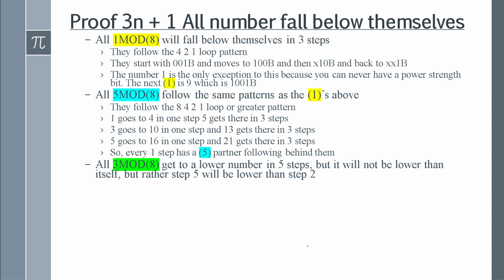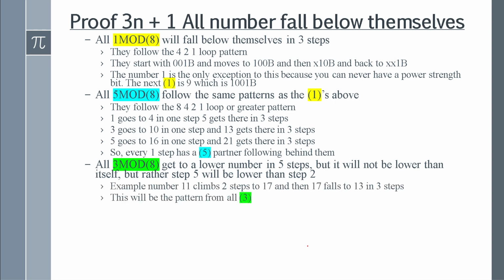So in 5 steps a 3 mod 8 will be at the same number. So 27 is a 3 mod 8 number, and it's at 31 in 5 steps. Right, this will be the pattern for all 3 mod 8s.